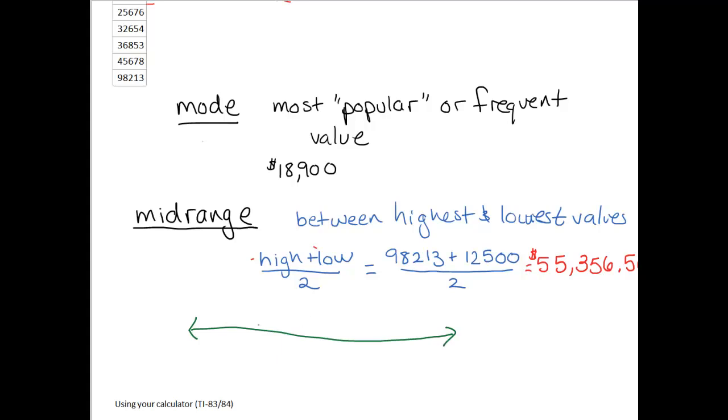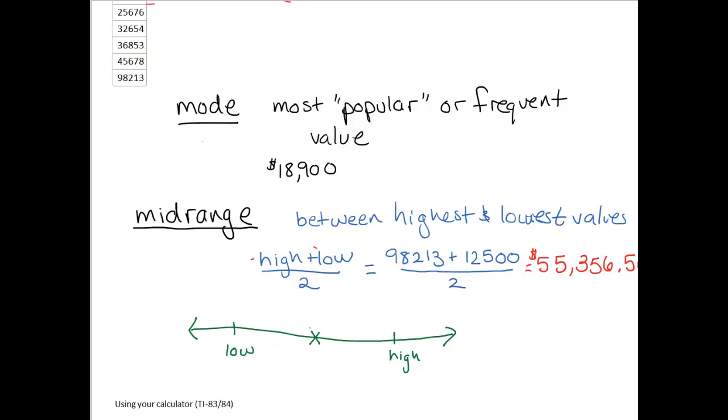Think about this as if you took all of your data values and put them on a number line, a little wiggly number line, right? We've got the highest value up top, the lowest value at the bottom, and the midrange really doesn't look at anything else. So it's always going to pick the number right in between here.